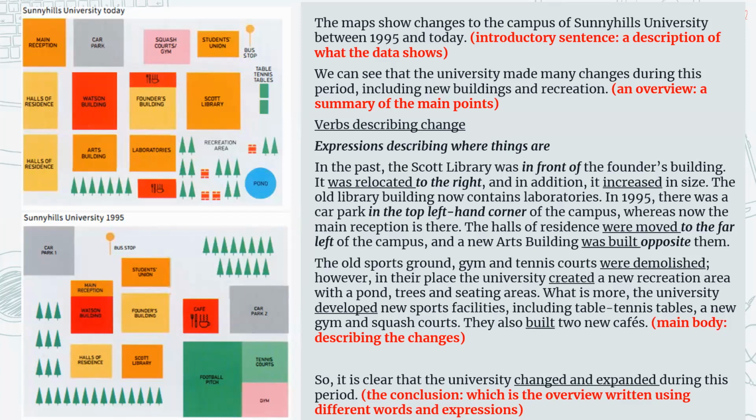We can see that the university made many changes during this period, including new buildings and recreation. It's an overview. The overview is a summary of the main points. Then you have your main body describing the changes. This is your main body. It's just two paragraphs. We have verbs that we use to describe change.